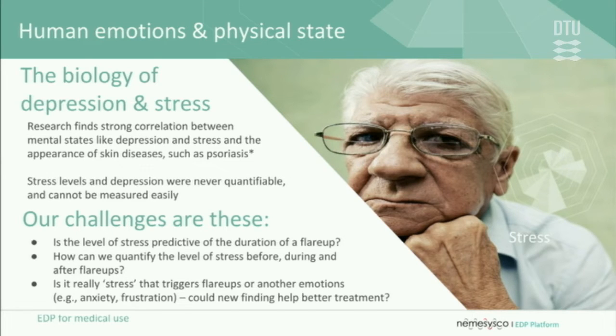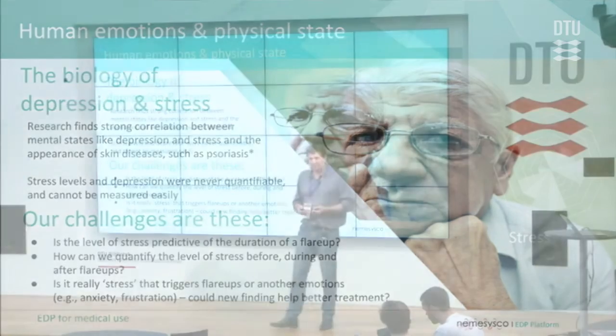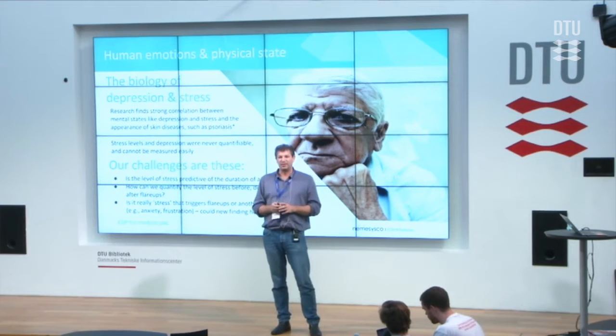Can we quantify stress? Can we quantify stress in the different phases of the diseases? And is it in fact stress? Because stress in psychology refers to a very general and broad type of definitions, and it may in fact be anxiety. It may in fact be some type of frustration. And we want to understand if this is really the case.